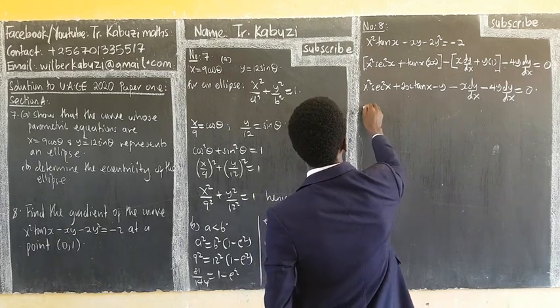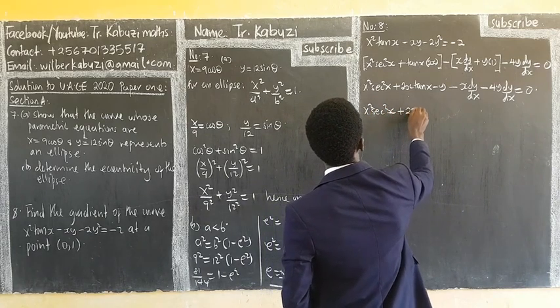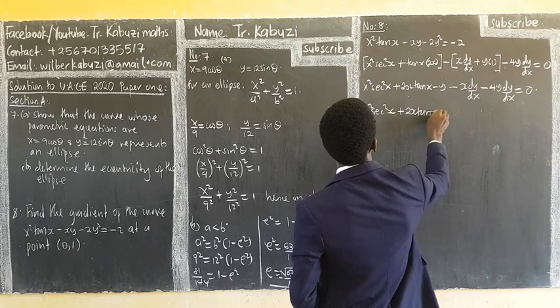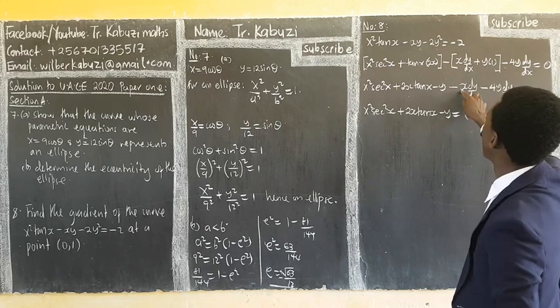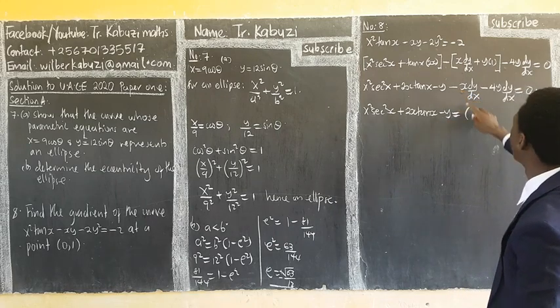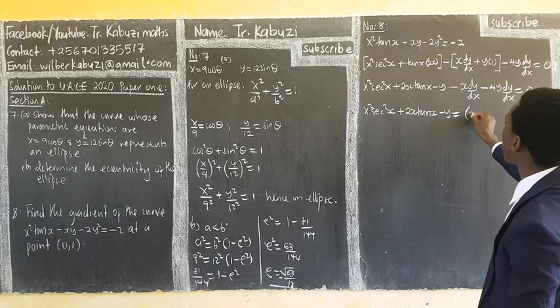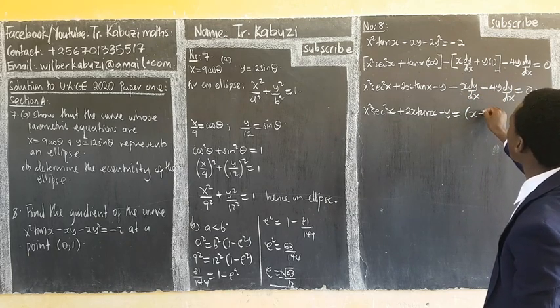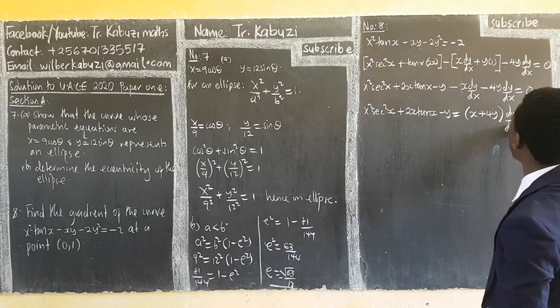Here I'll remain with x squared sec squared x equaling to, when I take this one this side, remember, I'm going to factorize out the dy dx. I have x plus 4y dy dx.